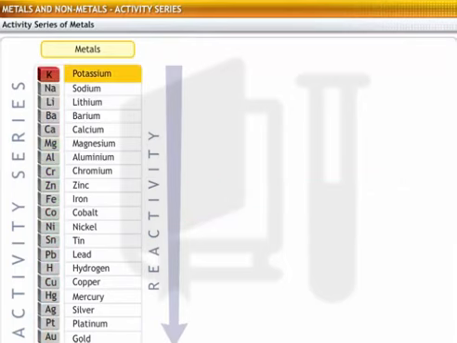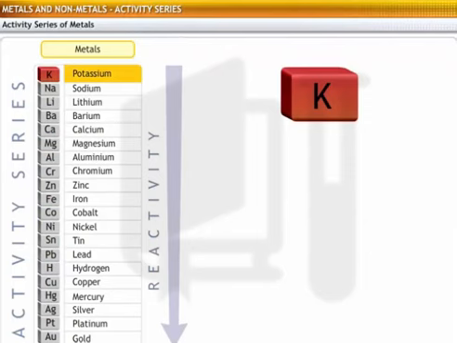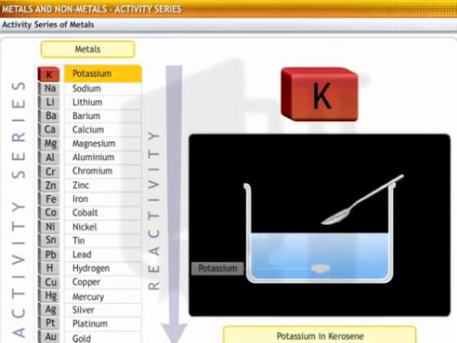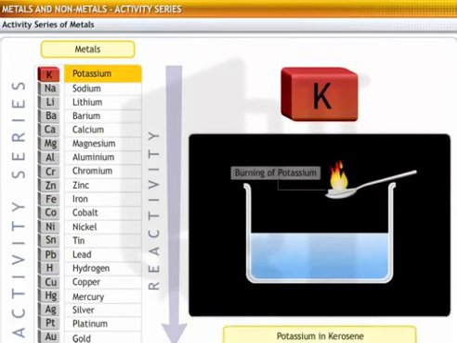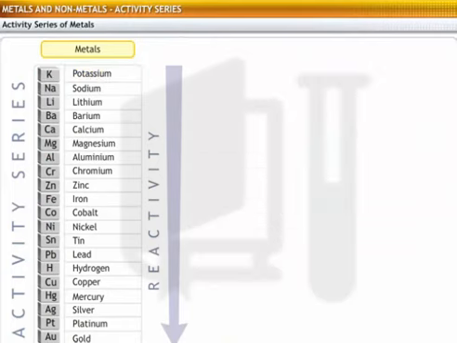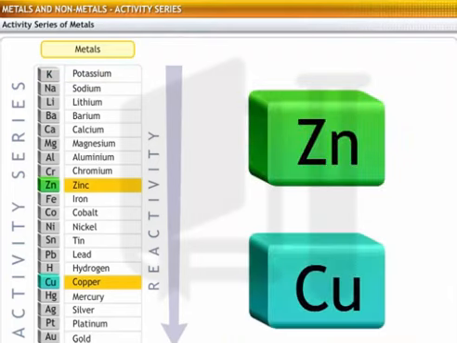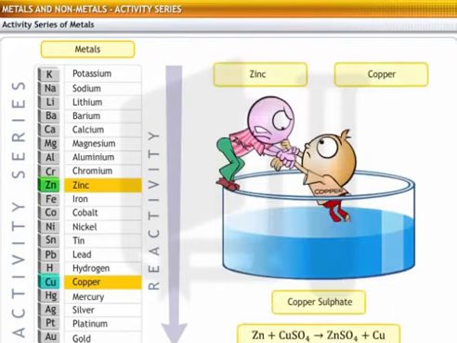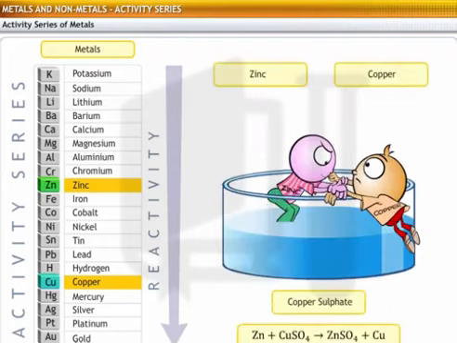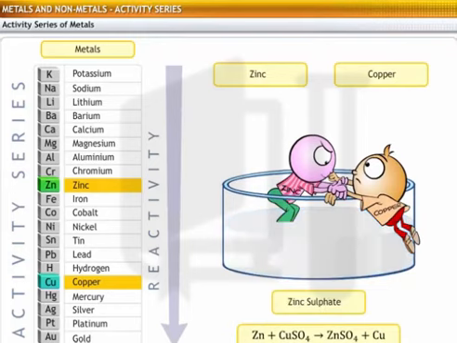For example, potassium at the top of the series is the most reactive among all the elements in the series. For any 2 metals in the series, the metal placed higher in the series can displace the other metal from its salt solution. For example, zinc displaces copper from copper sulfate solution to form zinc sulfate.